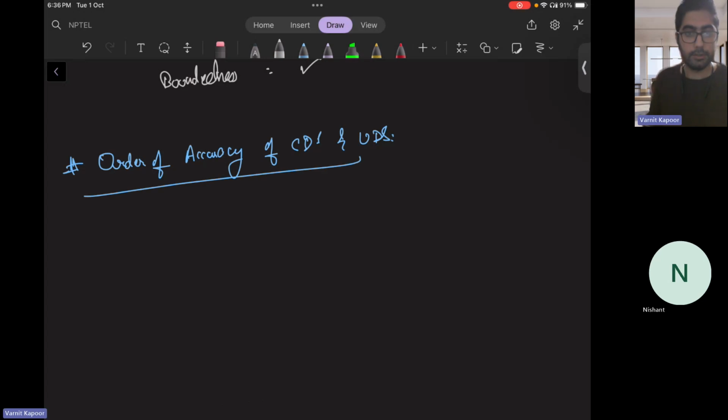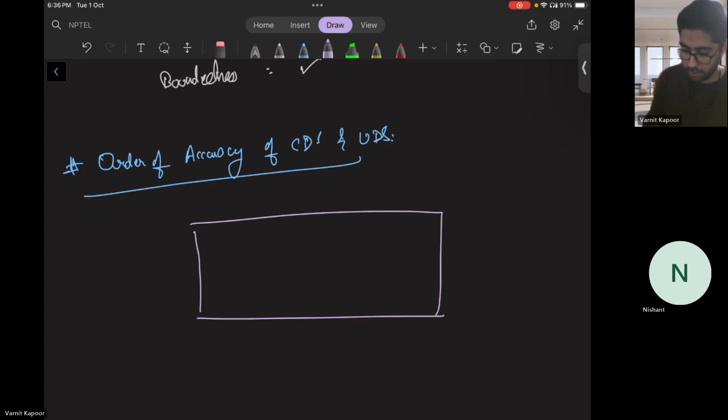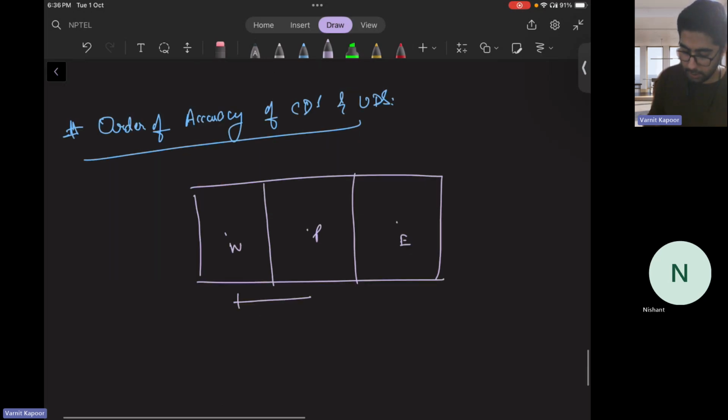and UDS. Suppose you have a uniform mesh once again. This is your P node, this is your west node, this is your east node. Spacing is del x, del x, and del x.